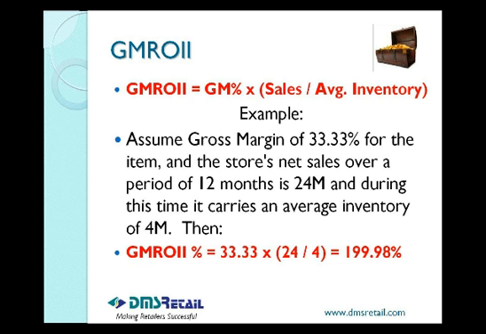And then you take your sales, and you know your gross margin percent, which is reported to you from your POS. This could be done at SKU level, subcategory, category, line, vendor, in any shape or form, provided that you stay consistent with all the values, obviously. So if you assume we have a gross margin of 33.33%, let's go to the whole store: overall gross margin, overall average inventory, and overall sales.